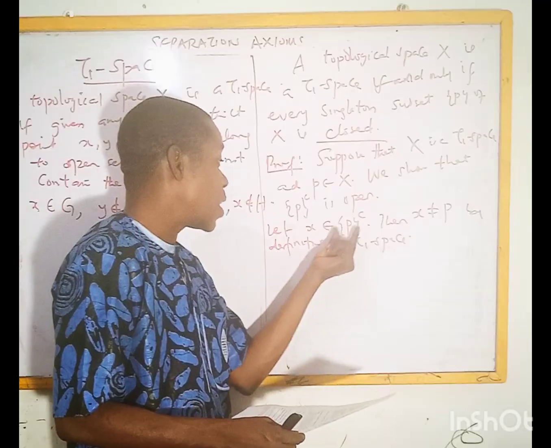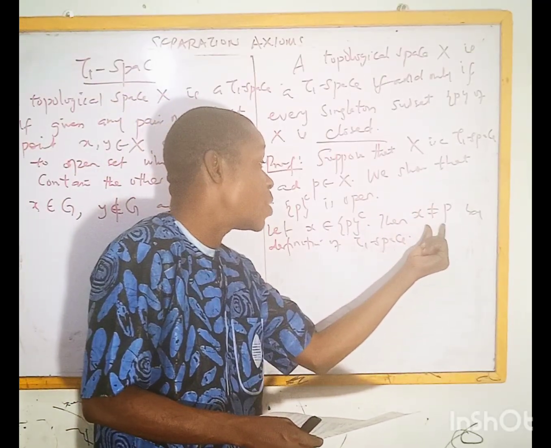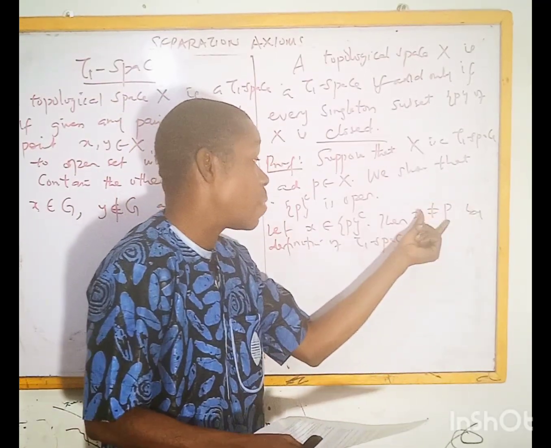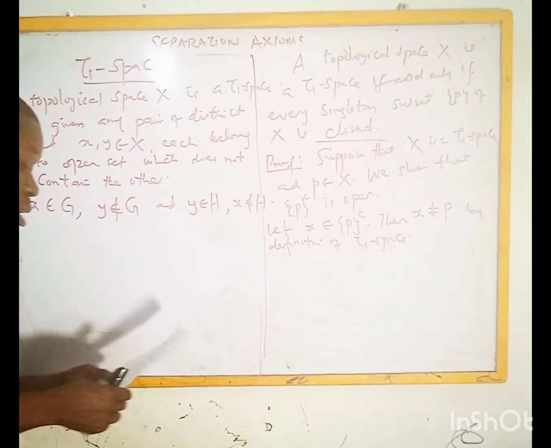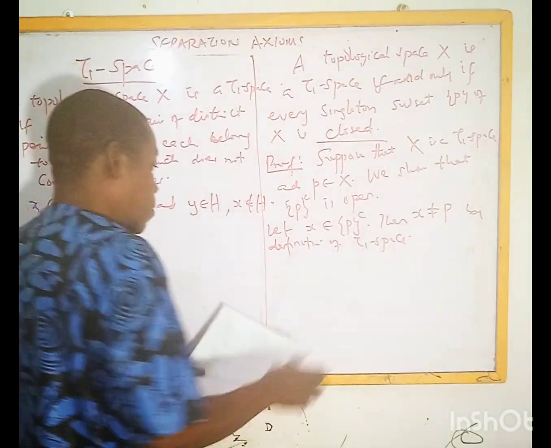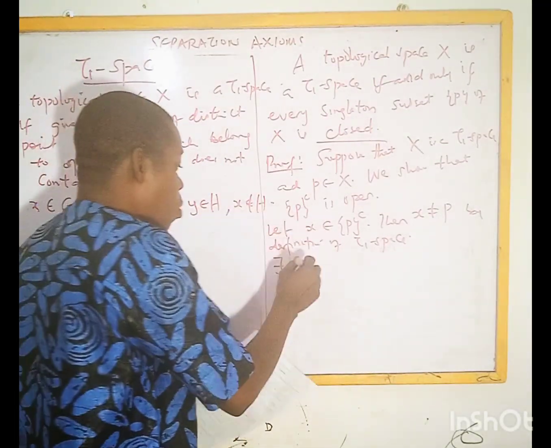Once I pick an x from here, it's not equal to p. It's talking about two distinct points, which are not equal. So there exist open sets.